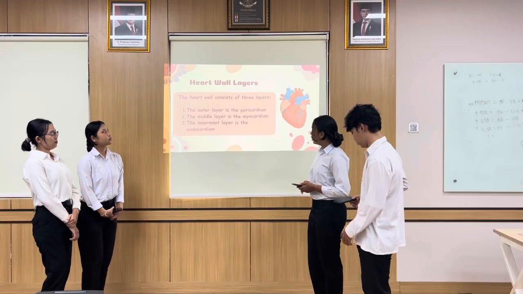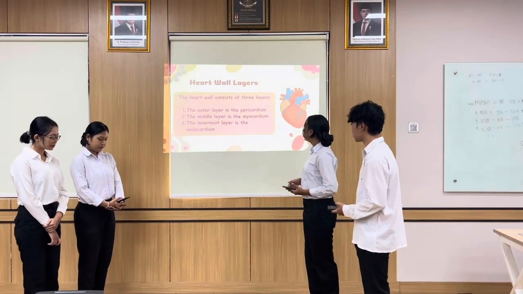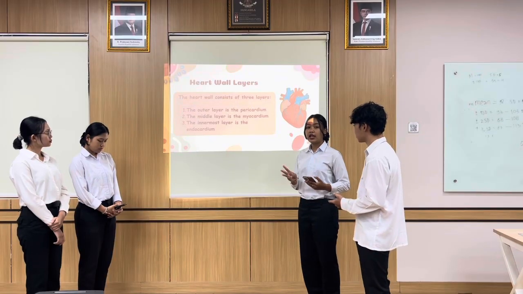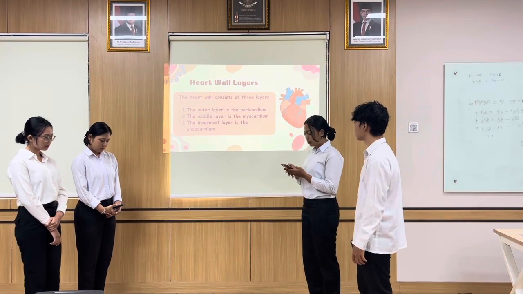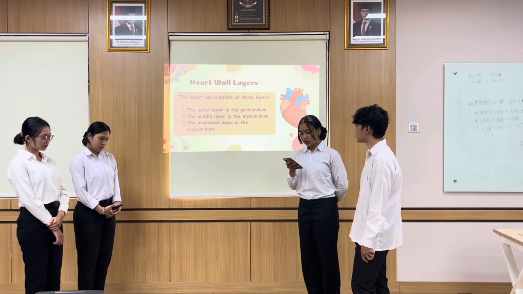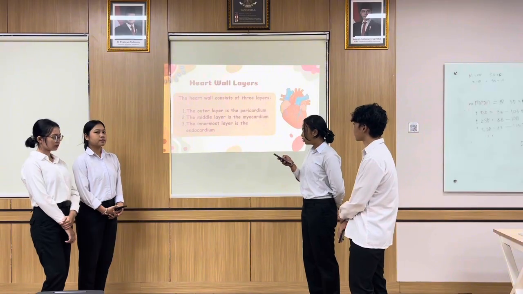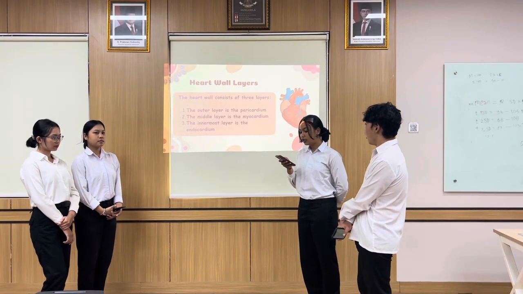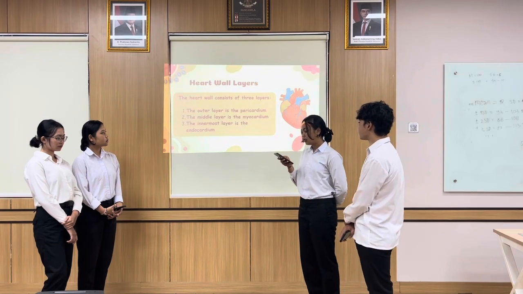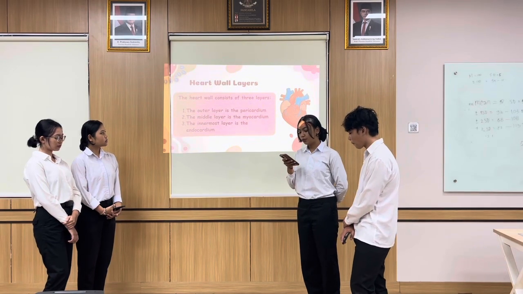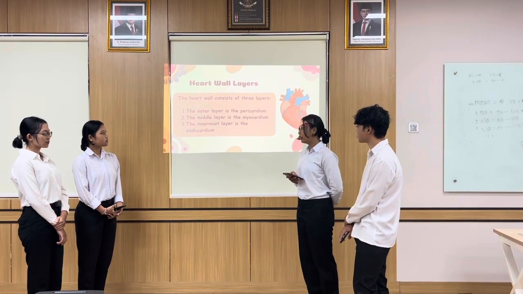Okay, the next one is heart wall layers. The heart wall consists of three layers. The outer layer is the pericardium, which functions as a protective pouch. This pouch consists of two layers, fibrous and serous, and contains lubricating fluid to prevent friction that can harm the heart.